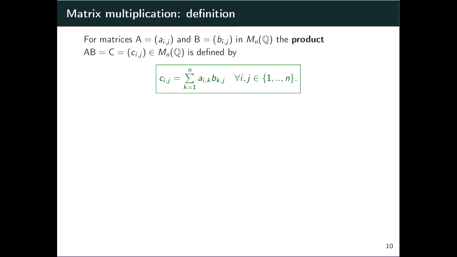You'll notice this is similar to the previous definition of products of matrices with vectors, but instead of having only one column, we've got n columns, so we've added another index, j, that we need to work with.